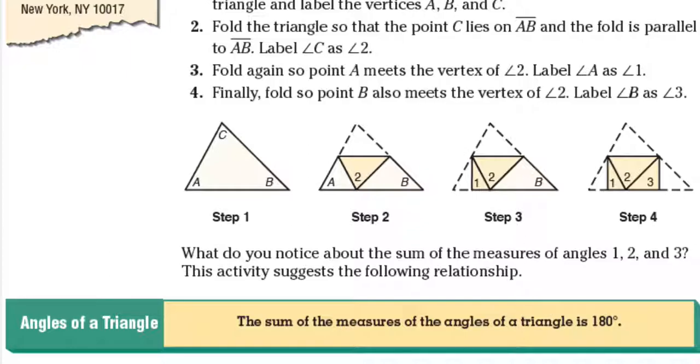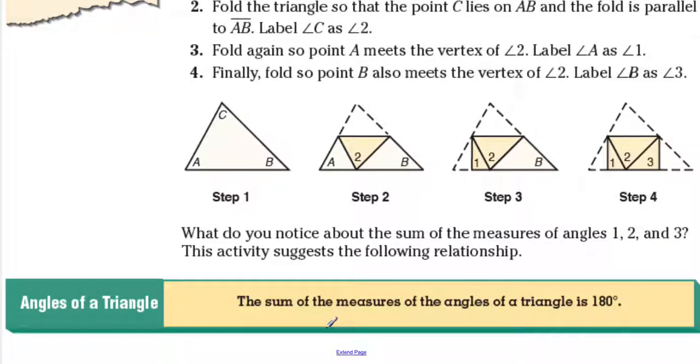So that forms 180 degrees. This is angle 1, angle 2, and angle 3. If you notice, they're all supplementary to each other. So therefore the sum of their angles is 180 degrees, which brings us to the angles of a triangle will have a sum of 180 degrees.